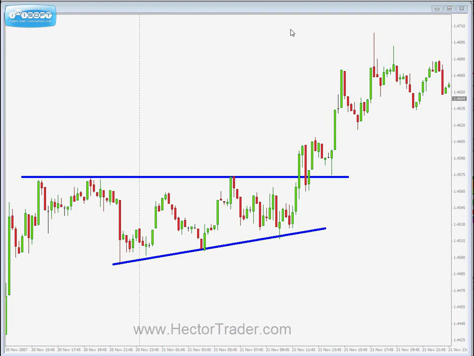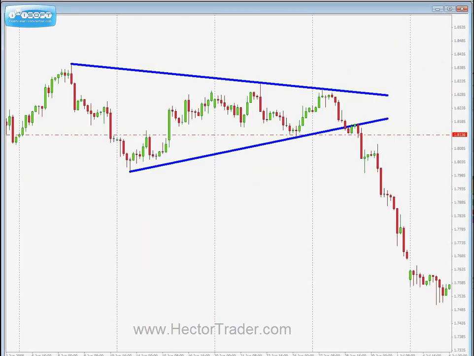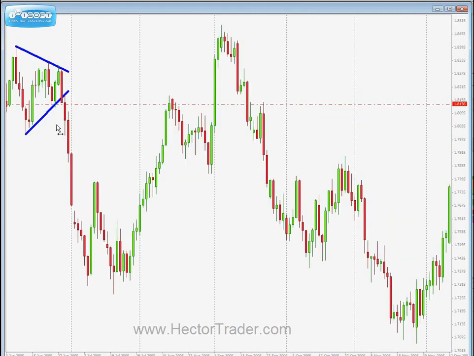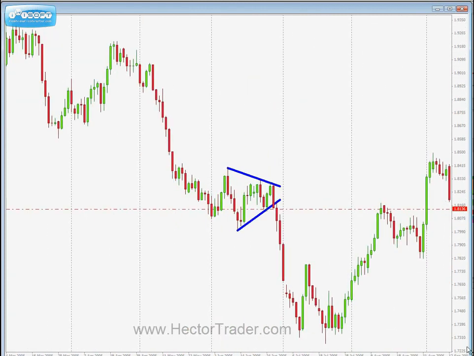Well, guys, that's basically it for triangles. Always keep in mind three different aspects. First of all, always trade in the direction of the main trend.